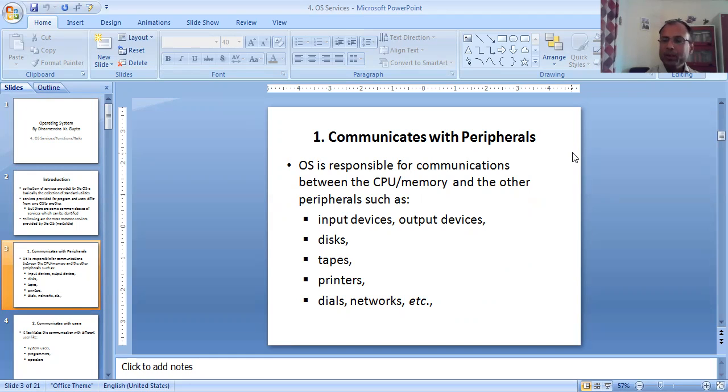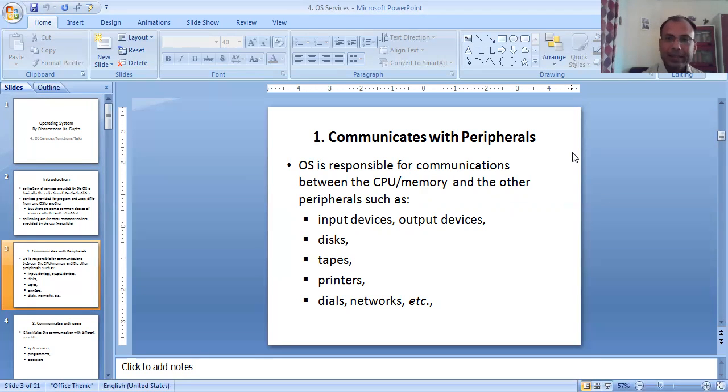That means communication of the CPU or memory. Later we will see how this communication will be performed. But in this lecture for today, we are mainly concerned with the different services or functions, how these functions are performed and what is their procedure, as well as the detailed algorithms.